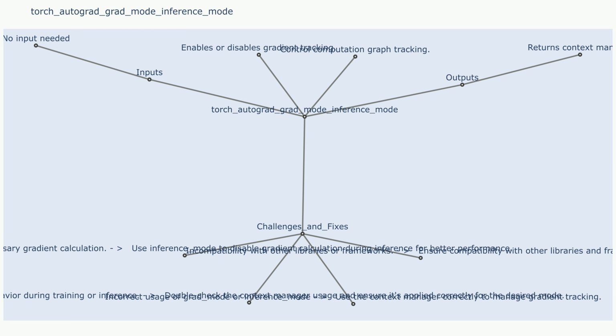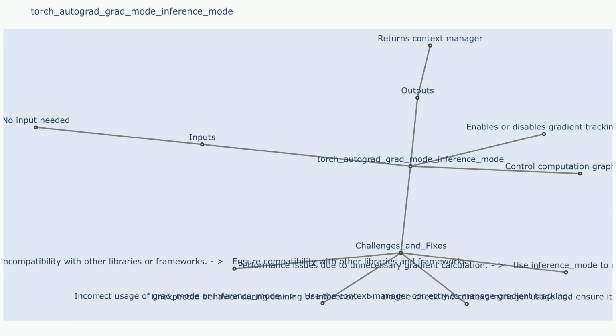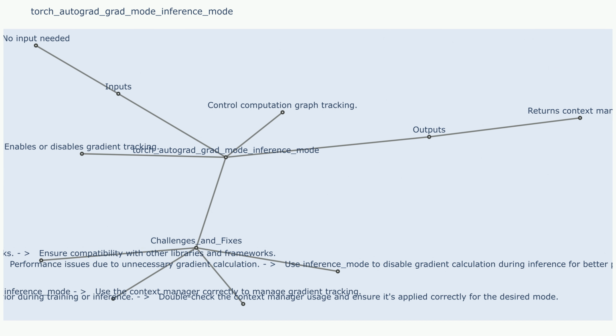Memory overhead due to gradient tracking. Sample use case: performing large-scale operations or training models with a high number of parameters while gradient tracking is enabled. Fixes. Use torch inference mode or torch no grad to disable gradient tracking during inference or model evaluation. This can significantly reduce memory consumption.